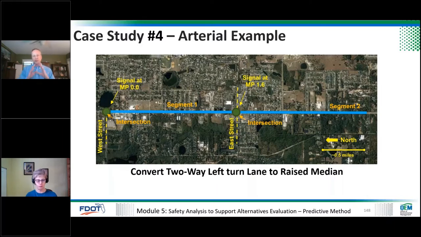We're looking at converting it to a raised median, at least that's the concept on the table. There are a variety of reasons we're pursuing this project, and we've been asked as a team to predict safety performance if we make this change. This gives you the layout. There are 2 separate segments and 2 intersections involved in the project.